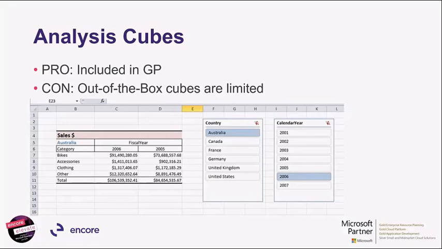I just drag and drop my customer number on here, drag and drop my month on here, and I get pre-aggregated, pre-summarized data. So because of that, it works really, really fast. And because you've got out-of-the-box cubes, you don't have to develop anything for those. Some basic analytics can be done by just turning on or deploying those analysis cubes.